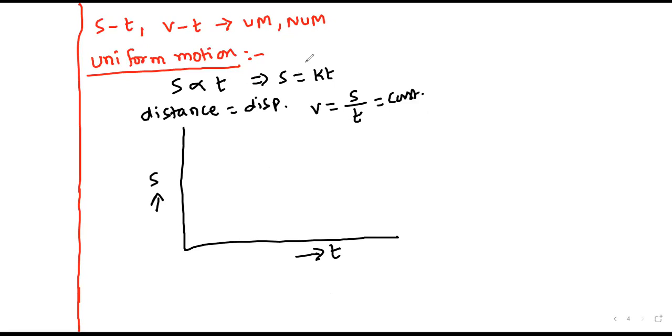It is in the form of y equal to mx. Along the x-axis we have time, along the y-axis displacement. So we can write s equal to kt.